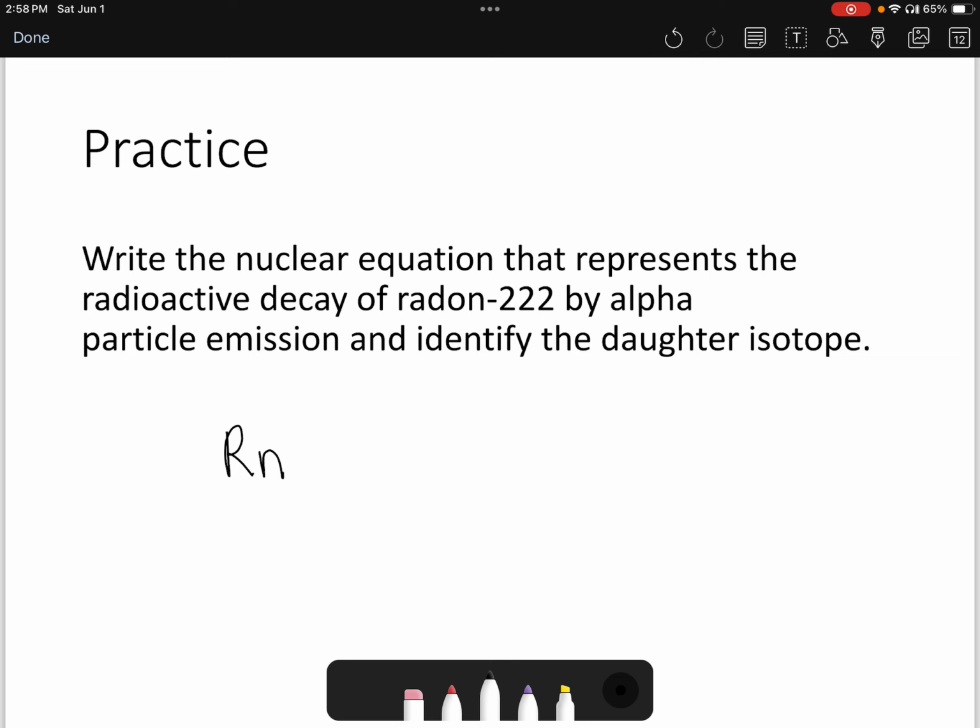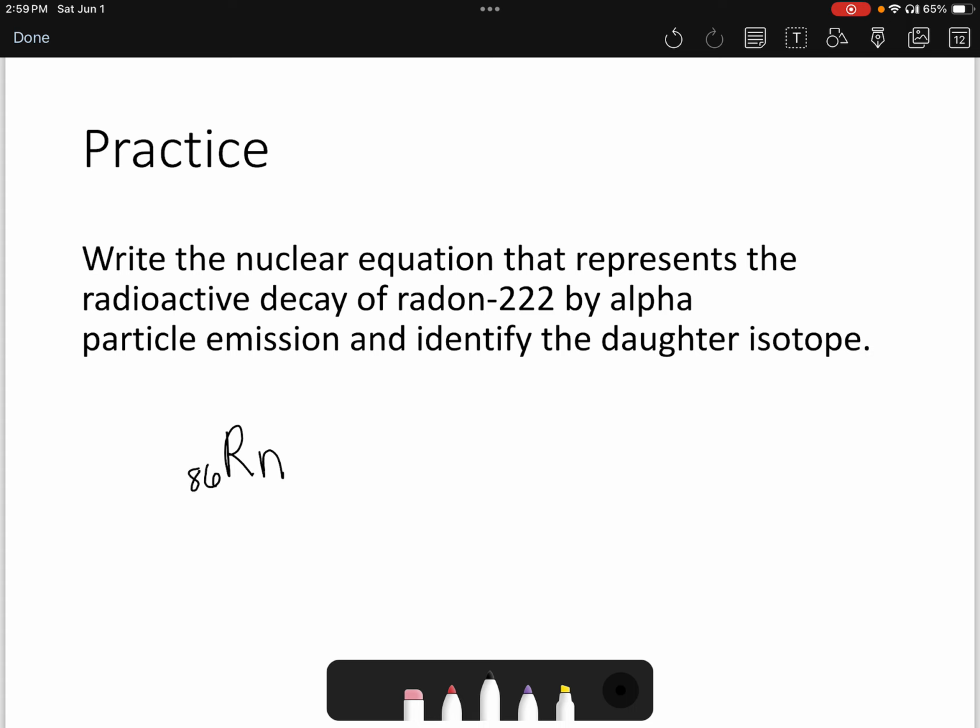Now, we're probably going to need our periodic table to figure out what the atomic number is for radon. So let's see, radon is actually in the very last column on the right. So it's part of the noble gases. And if we go towards the bottom of the noble gas column, radon is number 86. So that's the atomic number.